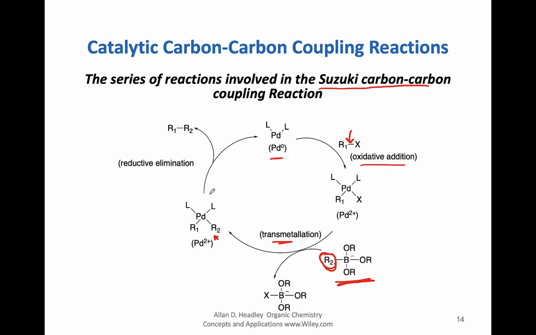As you can imagine, the next reaction here is a reductive elimination, where this group comes onto this one and it leaves as a product, and then we have here our catalyst that's regenerated. That's called the Suzuki carbon-carbon coupling reaction.